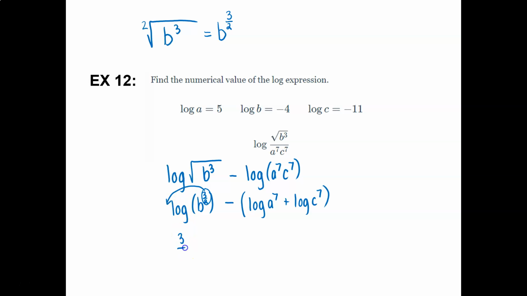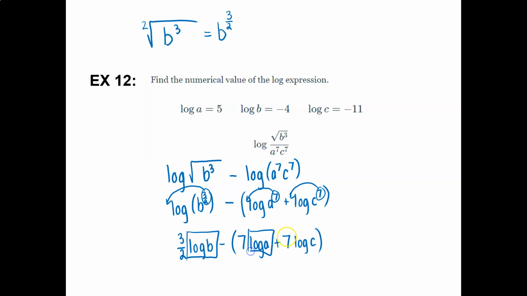So we'll have 3/2 log b minus 7 log a plus 7 log c. And so by expanding, we have made it where we've got just the plain log b, the plain log a, and the plain log c.